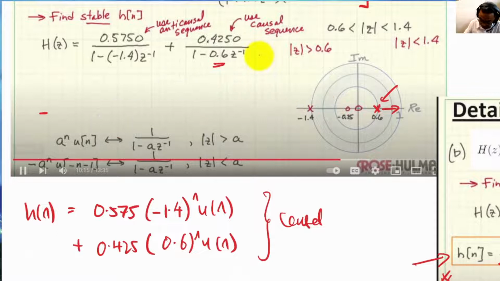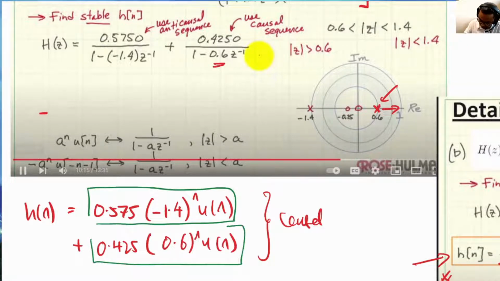We have the causal part for both of these expressions. We use the causal lookup to transform from H(z) to h(n). So this is the causal part, 0.575 minus 1.4 to the power of n u(n). And this one is also causal as before.